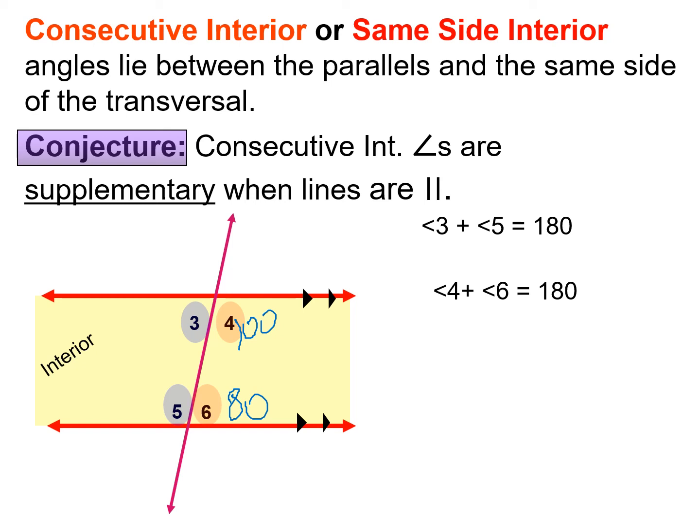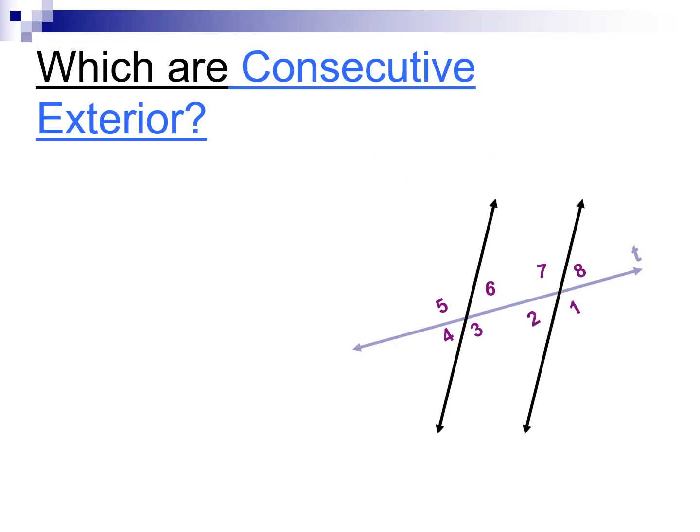Corresponding is the main type we use. All right. Corresponding is the main type, but this is a special one, they're called either consecutive or same side. You can call them either one you want. Alright, so consecutive exterior works the same way. I just didn't put a big definition.